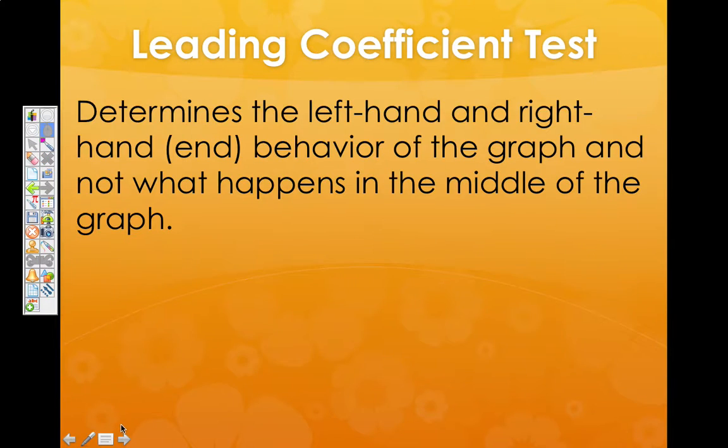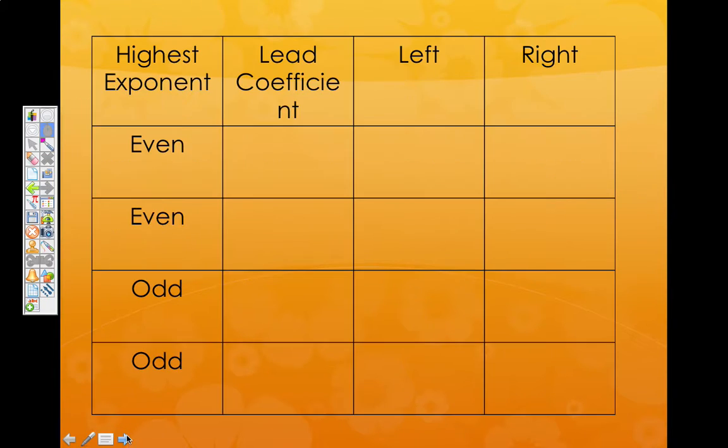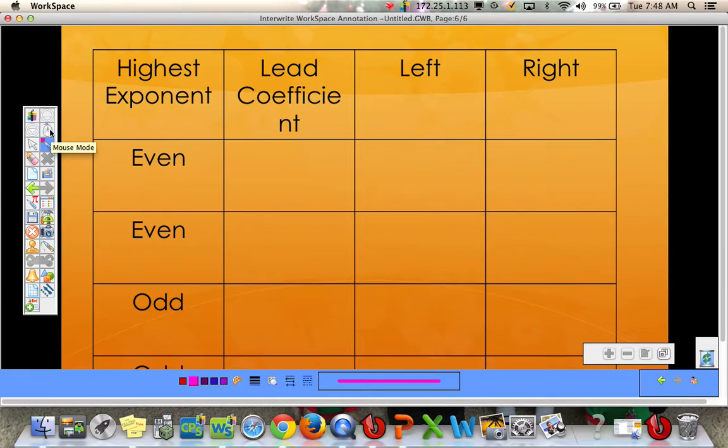Okay, so here it is, the leading coefficient test. We talked about that. So in a table, here it is. If it's an even function and the lead coefficient is positive, here's what it looks like. As you go to the left, as x approaches negative infinity, y approaches positive infinity. As x approaches positive infinity, y approaches positive infinity.